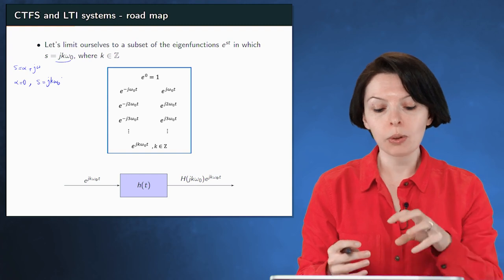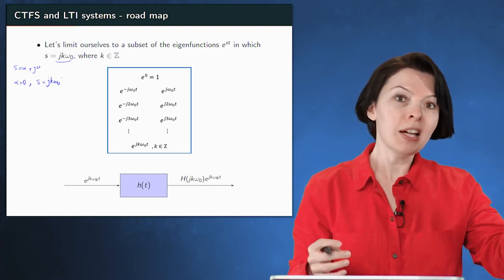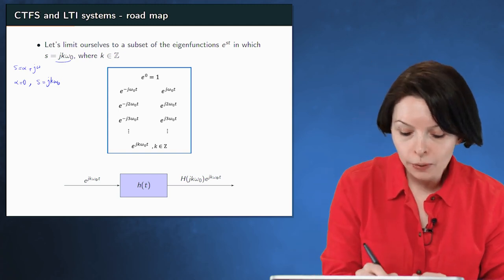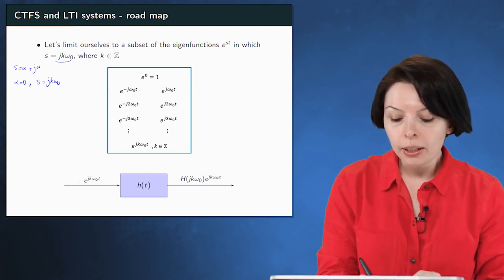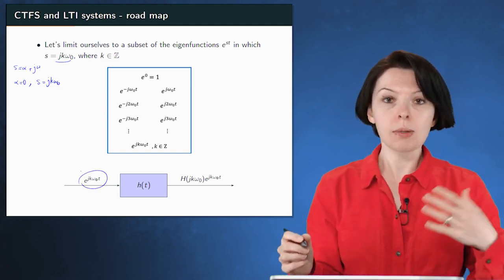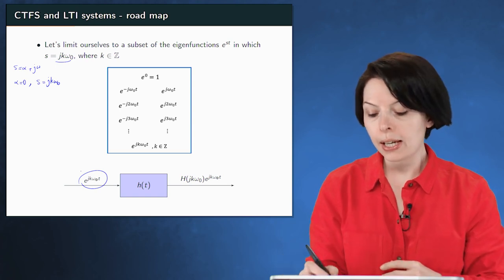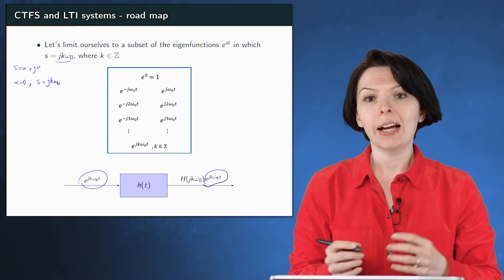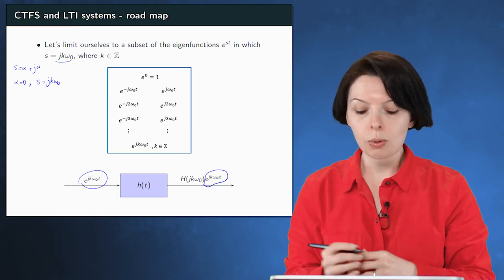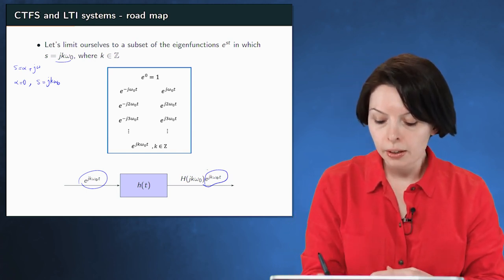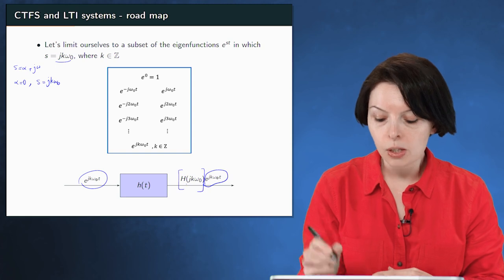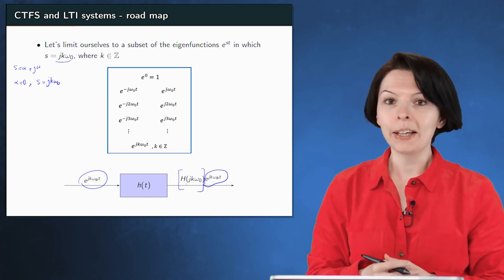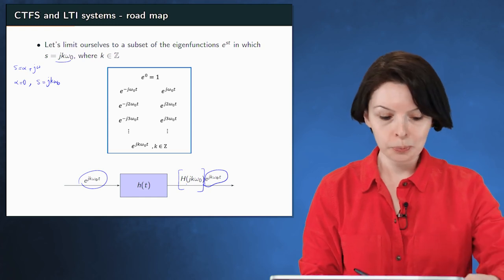These purely imaginary numbers are all related to each other by a factor of k. Now we apply each one of them to an LTI system, similar to the previous case. I'm going to get the same exponential at the output, and that exponential is going to be scaled by a complex number, which depends on the impulse response of our LTI system.